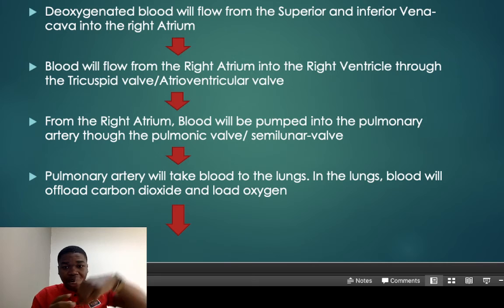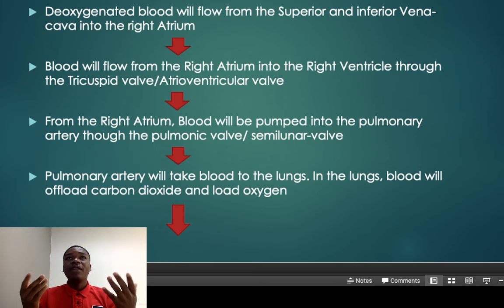So it will be flowing downward. Then it will flow into the right ventricle through the tricuspid valve, or the atrioventricular valve. It's very important to know the type of valve which is involved. Remember that the function of a valve is to prevent the backward flow of blood.